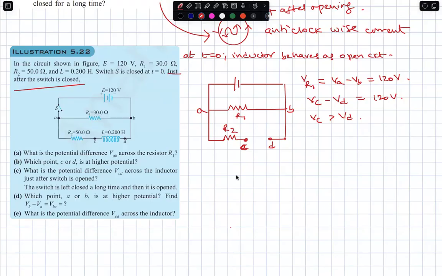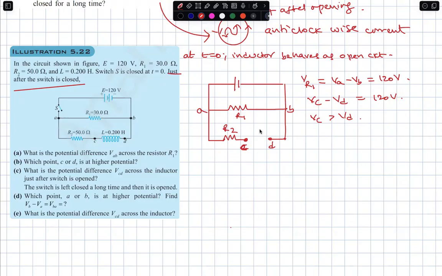Question: Sir, can you explain the circuit again? Simple, very simple. You want just after the switch is closed. Immediately after closing the switch, the inductor behaves as an open circuit. When will the inductor behave like a conductor? At steady state.